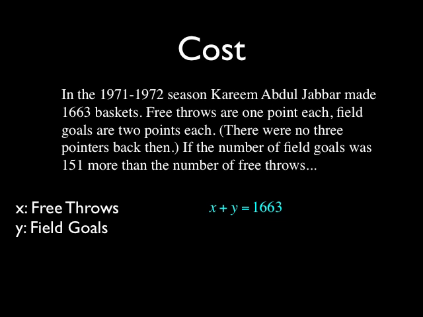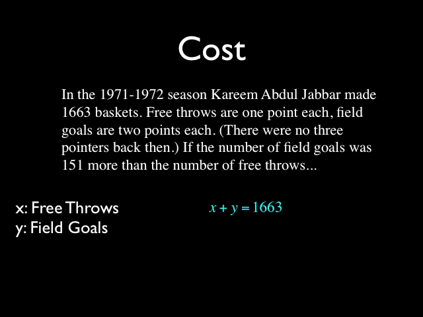Notice since that was just the number of baskets, it was not the number of points. I just have a plain old x and a plain old y. I'm not multiplying anything by 2. Okay, the next thing we know about free throws and field goals is that the number of field goals, which variable? Y. Good.